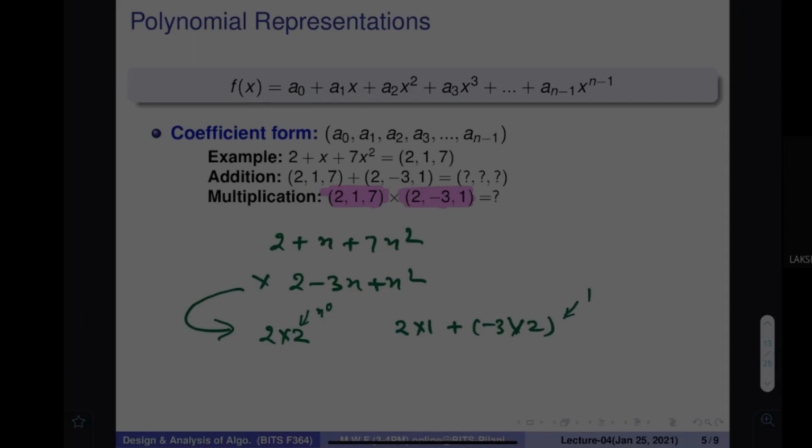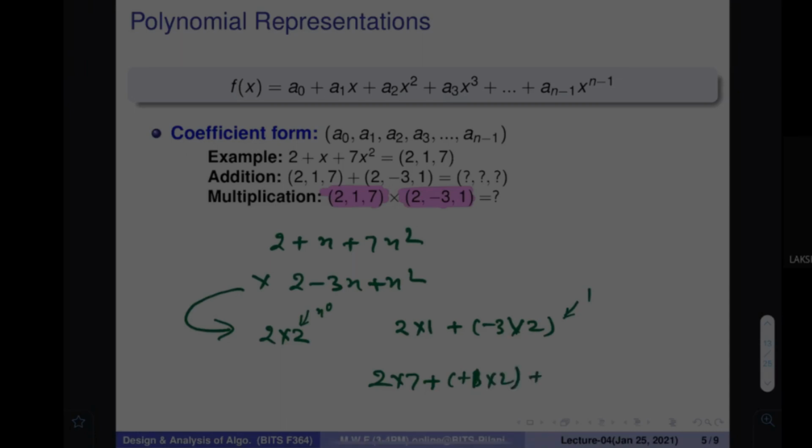And then what is the x square term? The x square term is going to be the x square term multiplied with the constant, and these x multiplied with the x. So you know that there are complex things coming, and I don't want to get into that particular complexity. It is 2 multiplied by 7 plus 2 multiplied by 7, and then minus 3 times 1, plus 1 multiplied by 2, and what else?